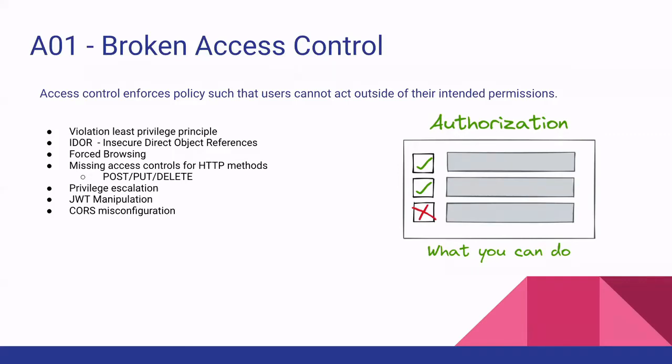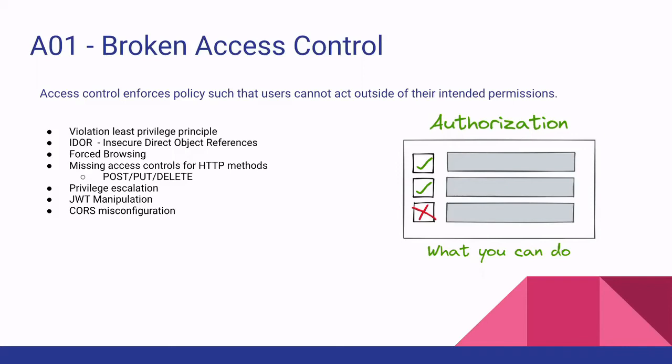And there's something called forced browsing. If there is an admin page and you, as a logged-in normal user, just visit slash admin, and there is no proper access control implemented, you can access the admin page.